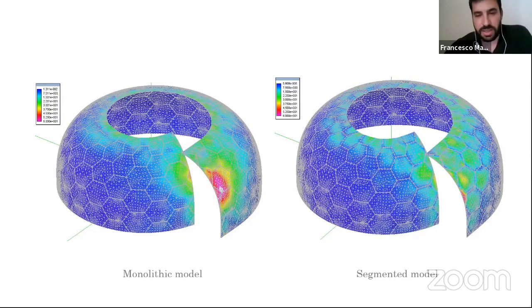Valentina did explain it because it's quite standard for shell analysis. Well, I understand, but it's a scalar, so I have to understand. You're right, but it is the maximum principal stress for the bending tensor.